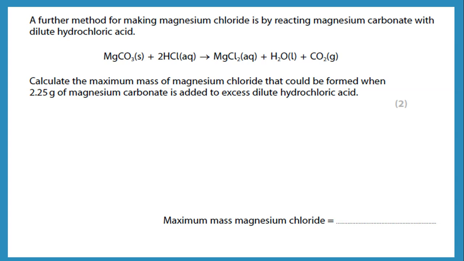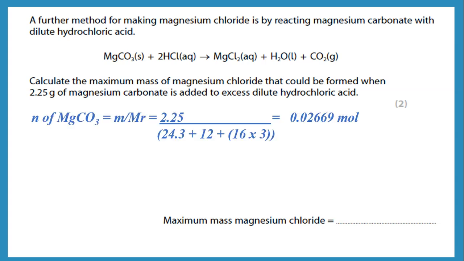So now we are given the mass of magnesium carbonate we're starting with, and we're required to calculate the mass of magnesium chloride formed in the product. Again, we have mass of magnesium carbonate. The first thing we do is number of moles. Mass over molecular mass will give the number of moles. So that is the number of moles of magnesium carbonate.